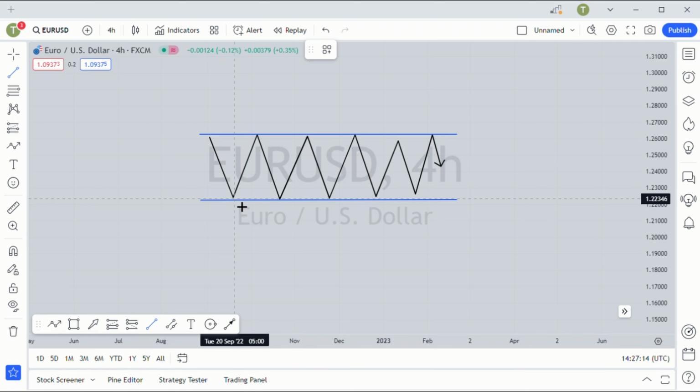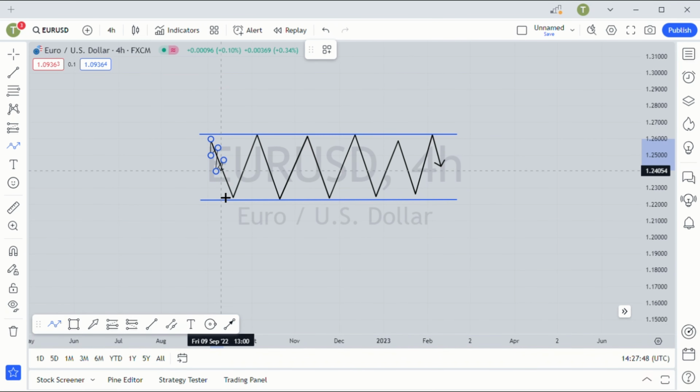A ranging market happens when the price of something, like a stock or currencies, stays within a certain range and doesn't go up and down much. It's like the price is bouncing back and forth between two levels, kind of like ping pong, right?